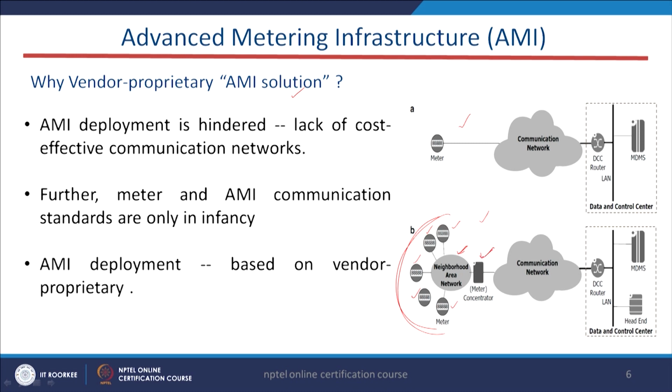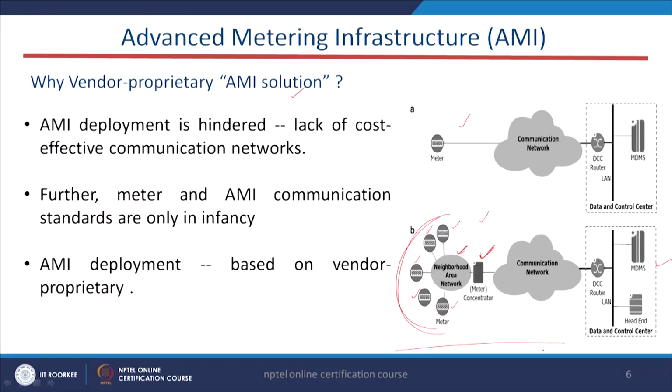And again the output of this meter concentrator is sent to the MDMS through this DCC router through a LAN. LAN means the local area network. This is also one of the communication technologies used in the distribution system.